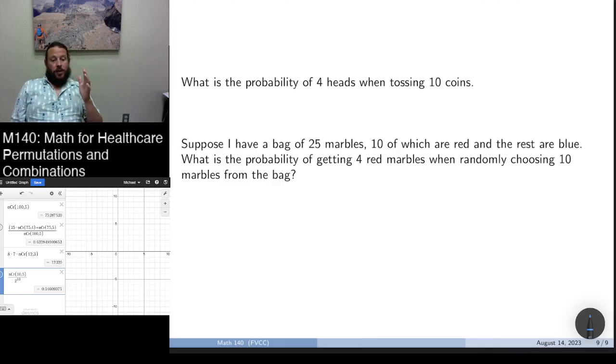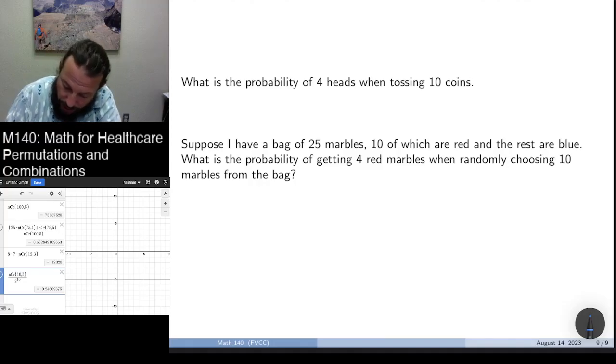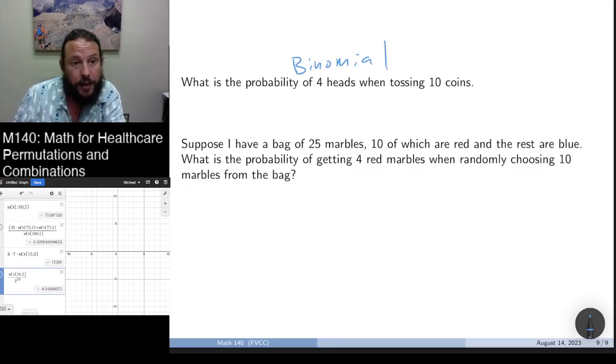But it's slightly different from the one we just did, and we're going to see both these types of problems come up quite a bit as we move forward. This first one with the 4 heads is called binomial. Why that is, we'll have to go through.